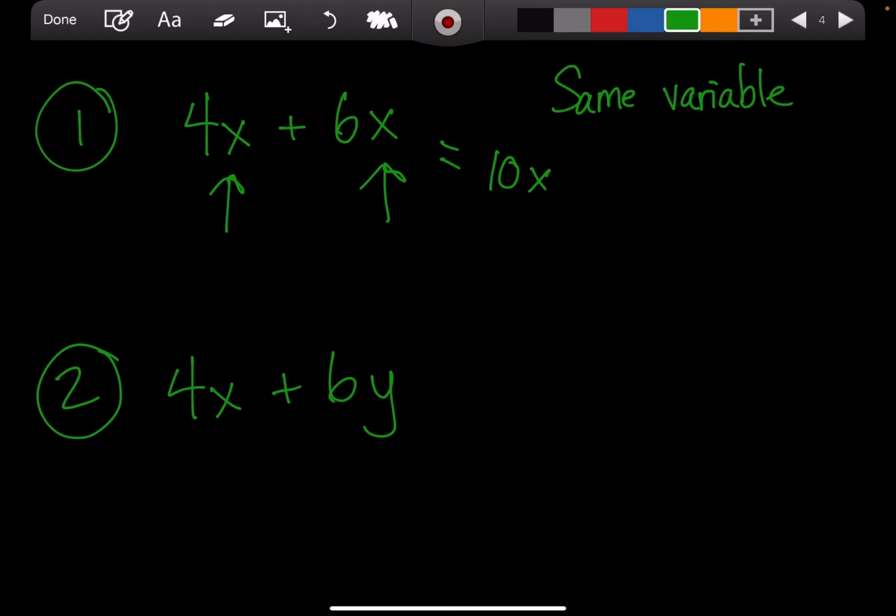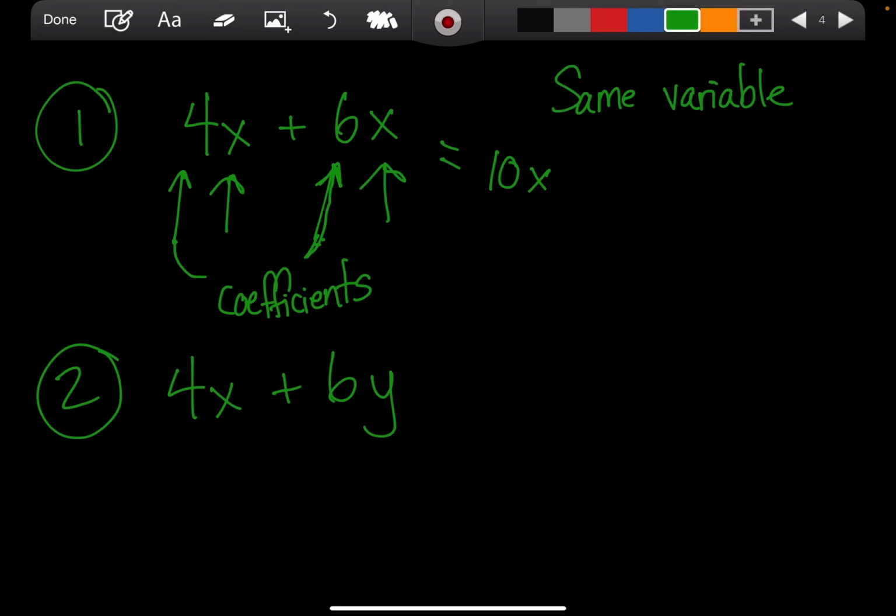Now, some people get this mixed up. Some of my students say, well, what about this 6 and this 4, what we call the coefficients? The numbers that are attached to the variables, those are different. 4 and 6 are not the same. Those are not alike, right? They're not the same number. But that's okay.